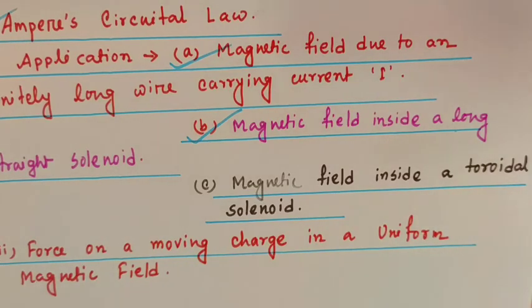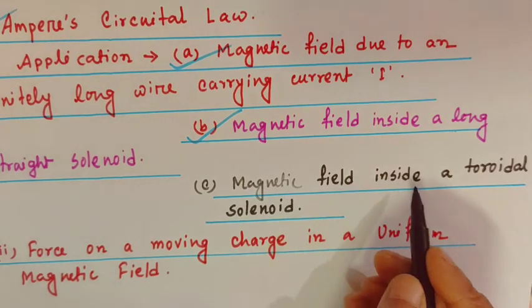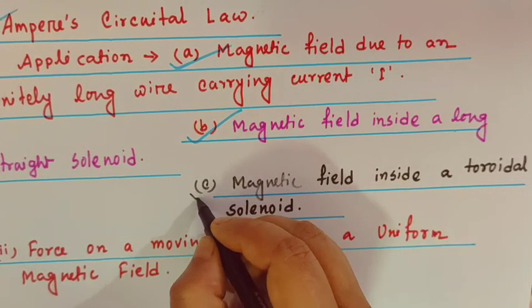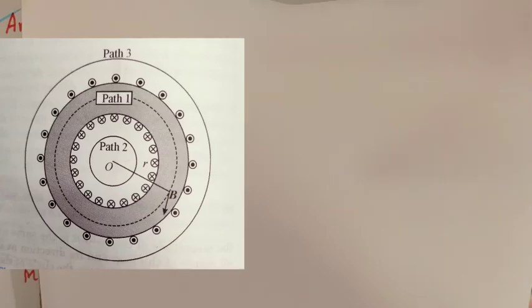Okay, let us move on to the next topic, which is the magnetic field inside a toroidal solenoid. From this figure you can get an idea about the toroidal solenoid. A toroid is a solenoid of finite length bent into a circular shape so that it looks like a doughnut.